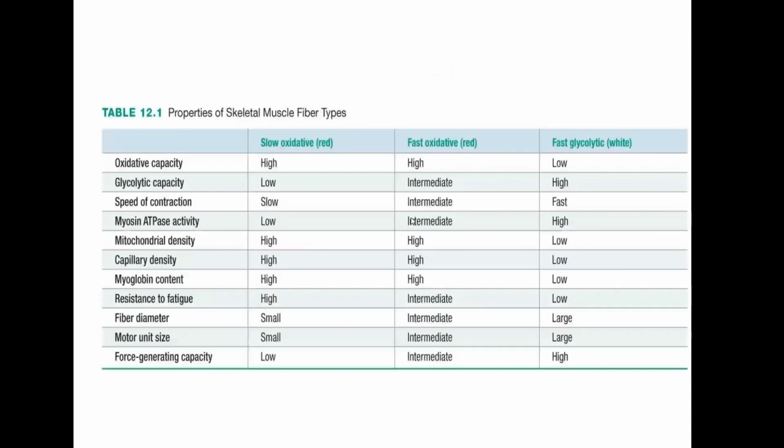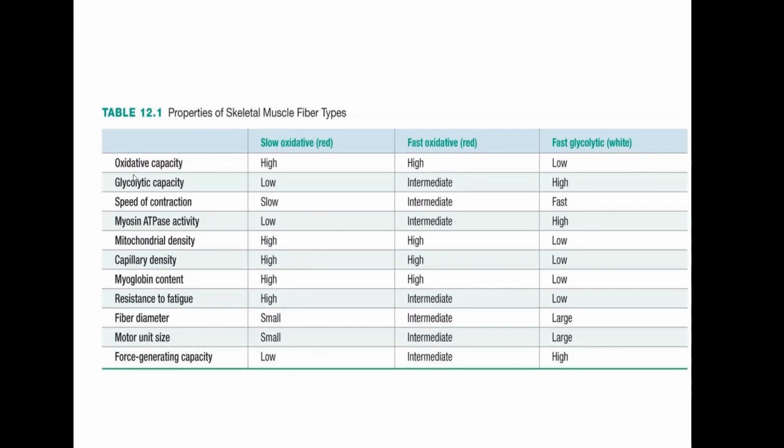Okay. So we have a nice chart for people who like charts, right? This is comparing our slow and fast oxidative fibers versus our fast glycolytic fibers, telling you the color at the top, which tells you whether or not they have myoglobin. Red, yes. White, no. And then we can just look, what's their oxidative capacity?